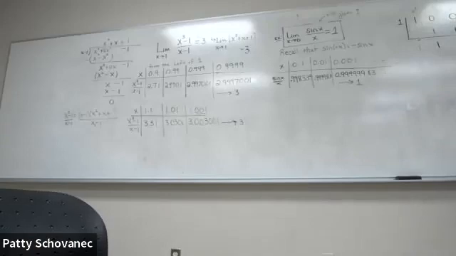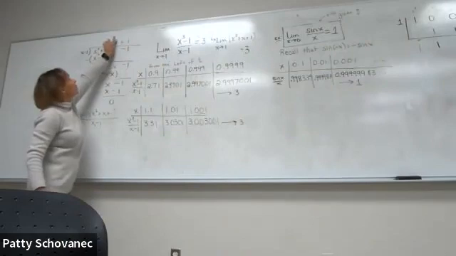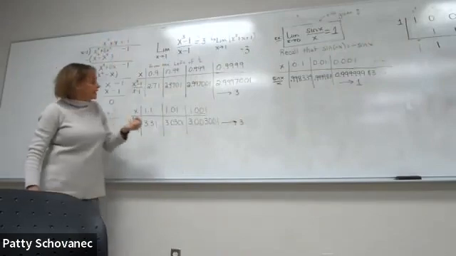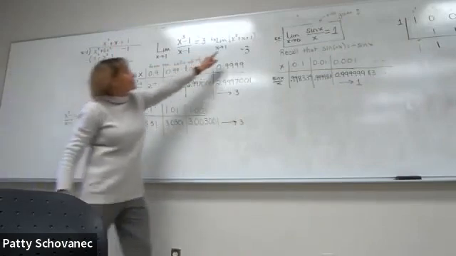This 0 is the remainder. A remainder of 0 means I have a factor of x minus 1. And these numbers are coefficients of a polynomial 1 degree less. That's where the 1x squared plus 1x plus 1 comes in. And so that gives me my two factors. And that'll take you right to there.